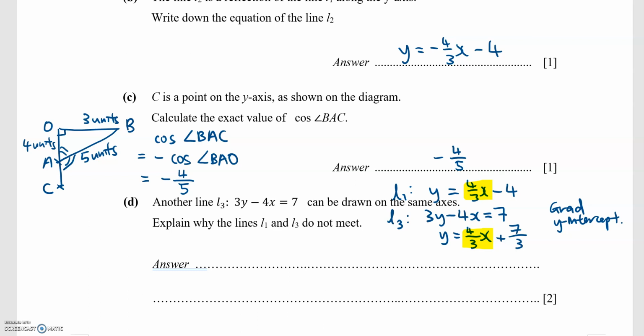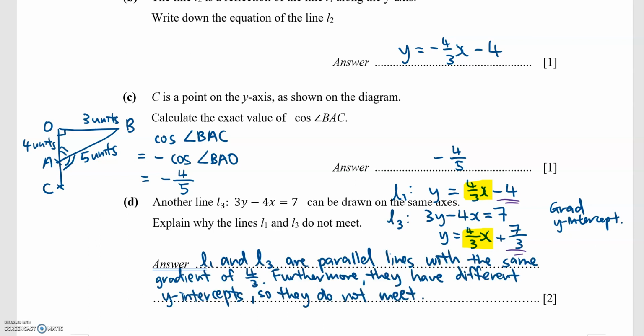And on top of that, they do not have the same y-intercepts. So we know that the two lines are parallel because they have the same gradient of 4 over 3. And because the two lines now have different y-intercepts, the two parallel lines will then not meet. So I can write my answer as this.